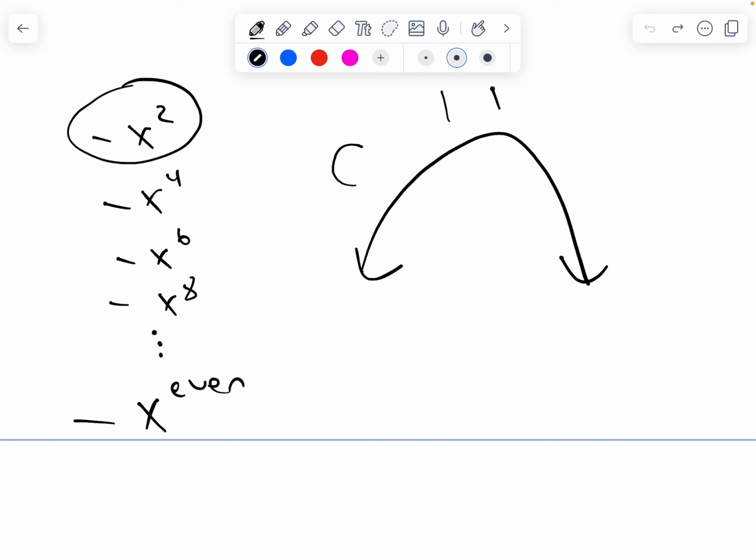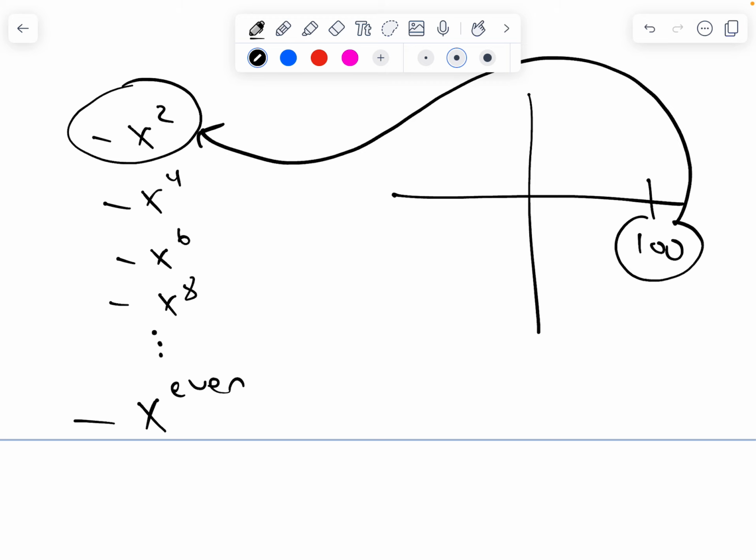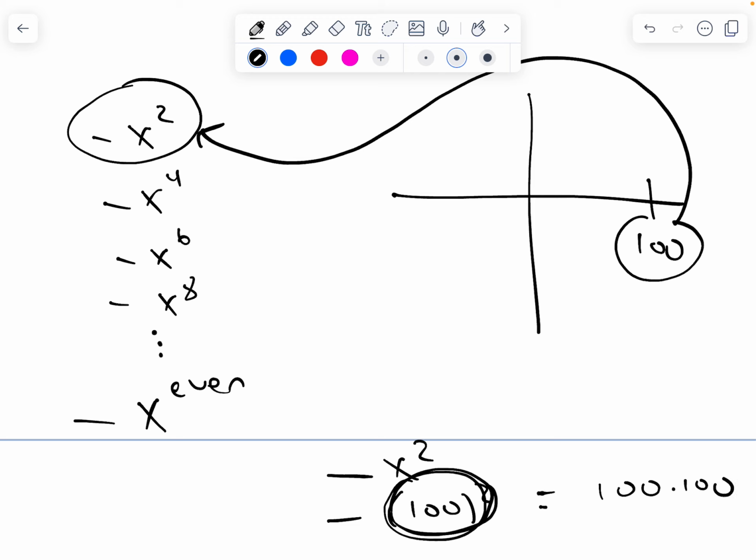Okay, and why does that work? Let's just graph this really quick. Let's say we have 100, and we plug 100 into this equation. Well, the equation is negative x squared, so if we do negative 100 squared, we do that squaring first. That's 100 times 100, and then we can't forget this negative sign, which we slap on there, and that makes negative 10,000. So this is going to make it sad on this side.